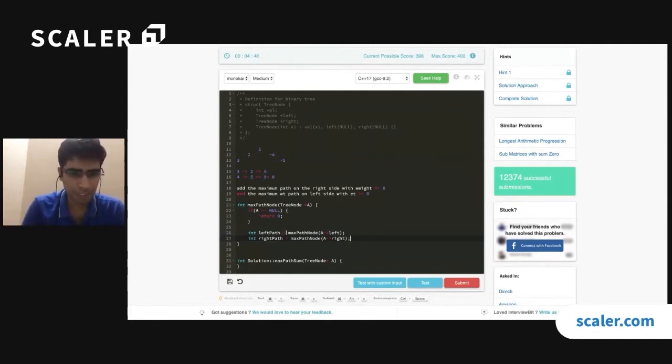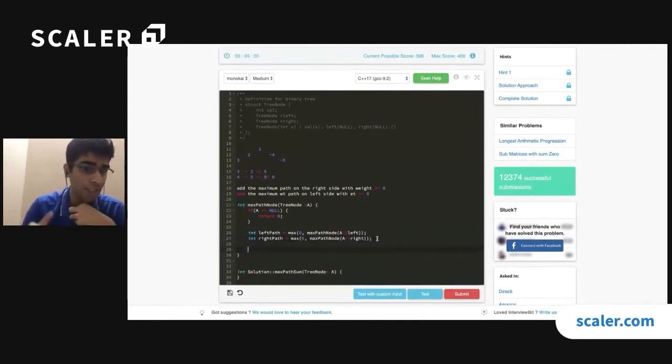So I can make the left path equal to max of 0 comma max path node of a to left, and similarly max of 0 comma max path node of a to right. Interesting. Now what should I return? I should return the value at a plus left path plus right path.